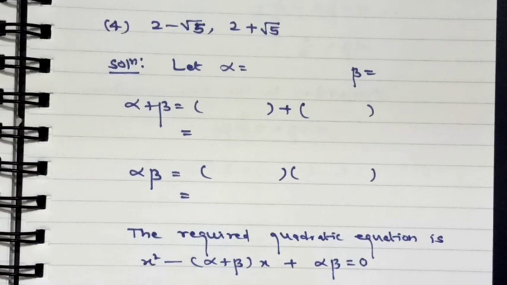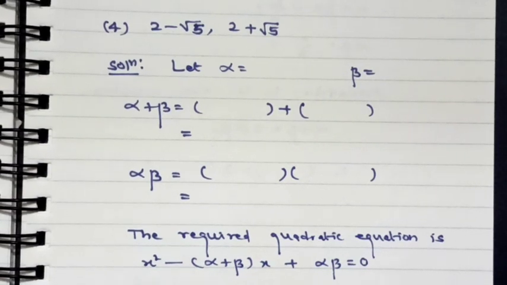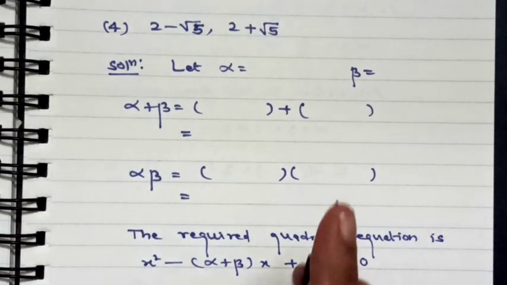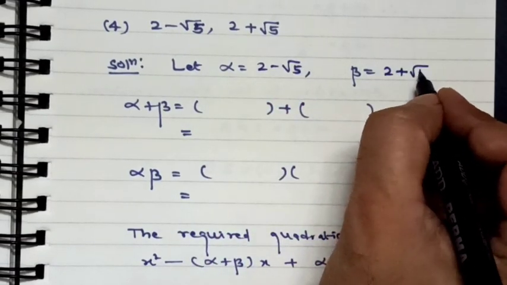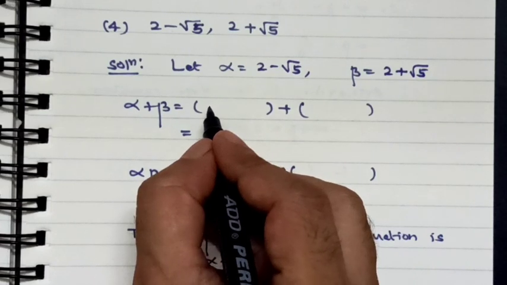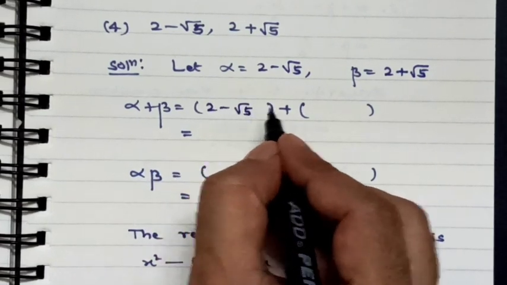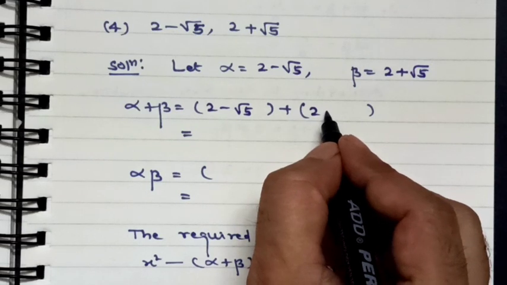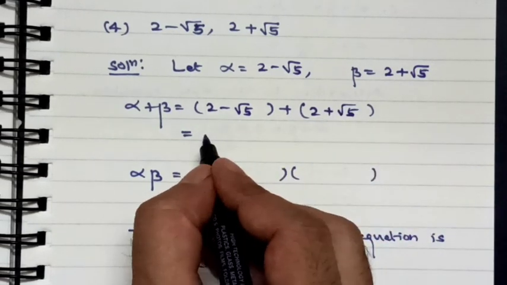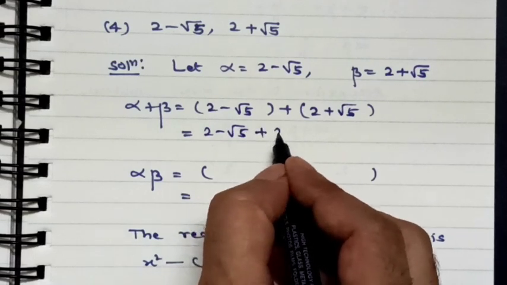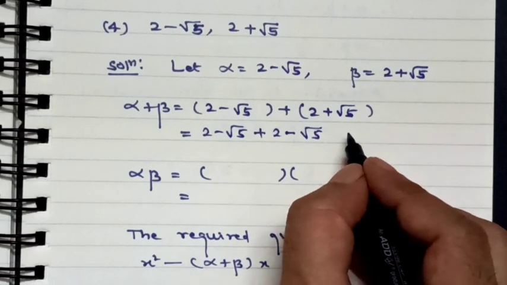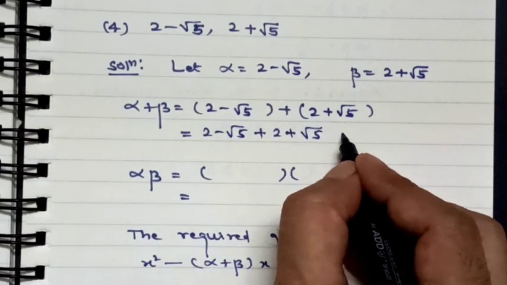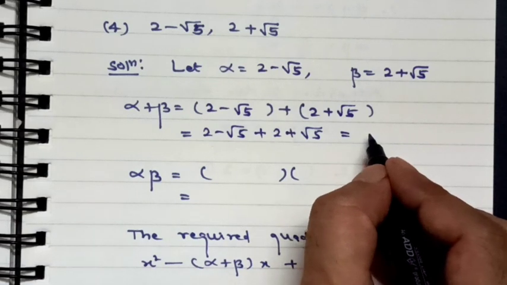Fourth question, 2 minus root 5 and 2 plus root 5. Say alpha is equal to 2 minus root 5, beta is equal to 2 plus root 5. Add them to get alpha plus beta. 2 minus root 5 plus 2 plus root 5, open the bracket, 2 minus root 5 plus 2 and plus root 5. Here root 5 and root 5 get cancelled and we'll be getting 2 plus 2, which is equal to 4.